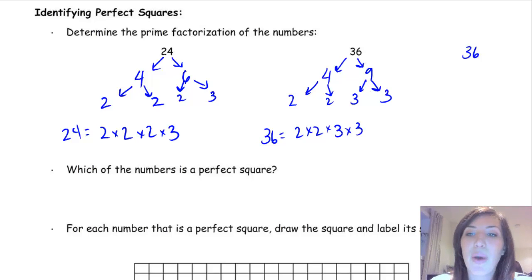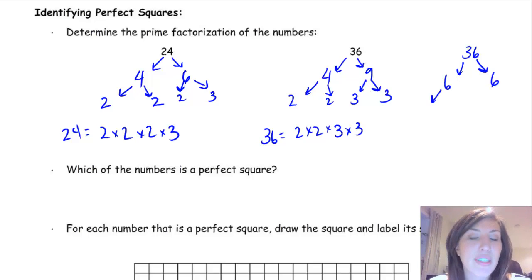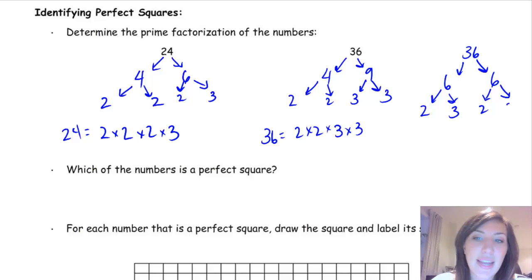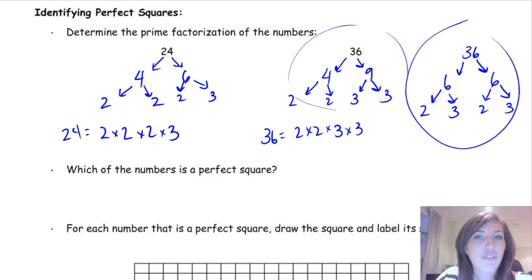Or you could say, well, I also know that 6 times 6 is 36, and 6 can be broken down into the prime factors of 2 and 3. So this is the same answer, 2 times 3 times 2 times 3, because it doesn't matter what order you multiply it in. So it doesn't matter which way you do your factor tree, as long as you just end up with prime numbers at the very bottom.